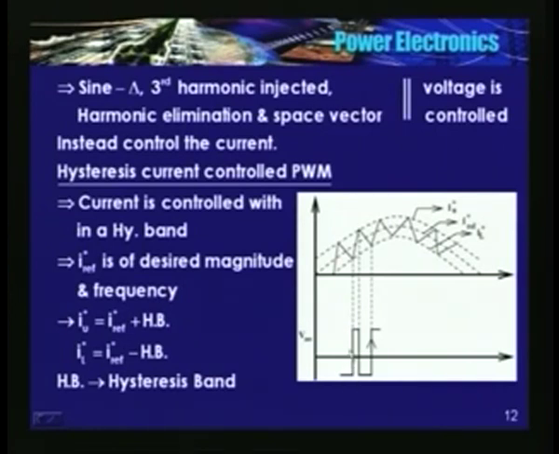So VA0 has become positive here. Current increases. When it touches the upper band, you open the upper switch and close the lower switch. Voltage applied is minus VDC by 2. You wait till this current comes and touches the lower band, and so on.